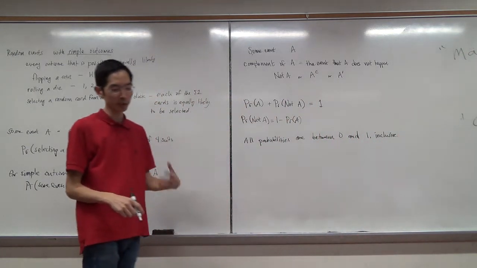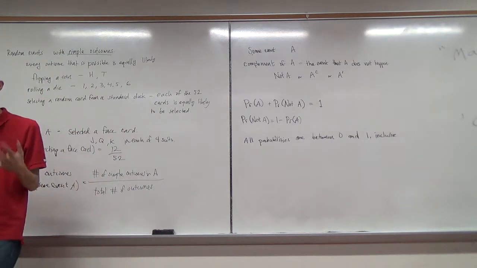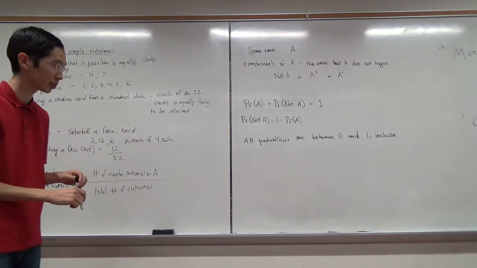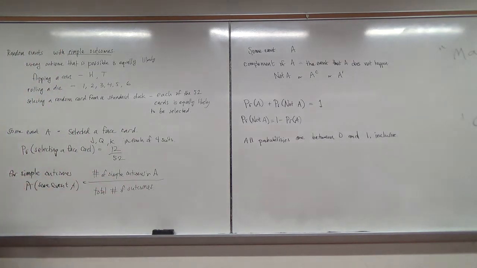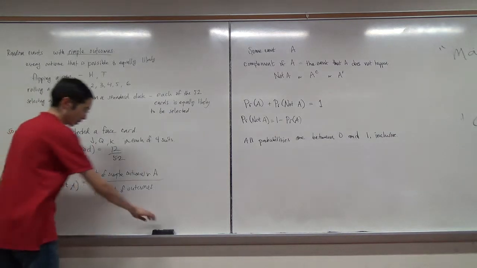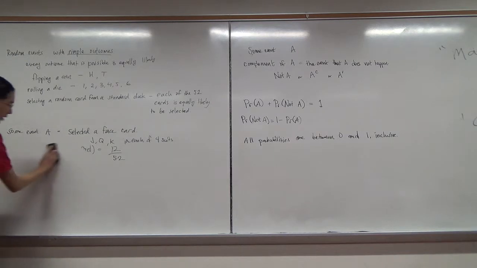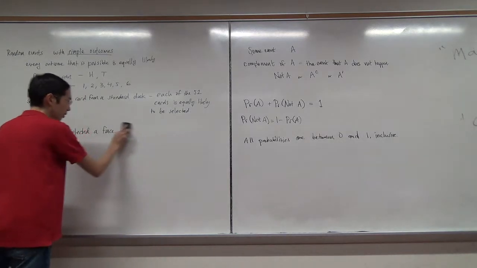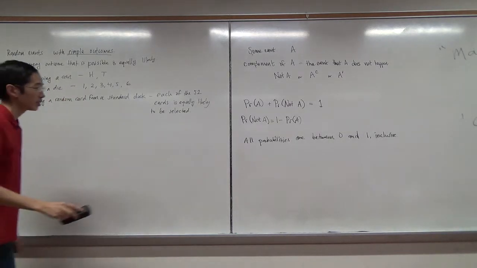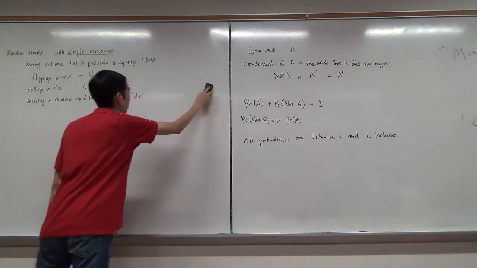If it's 1, it means it always happens. If it's 0, it never happens or is impossible. And everything else is in between. Okay? So if in your calculations you ever get a probability that's less than 0 or a probability that's greater than 1, you have made a mistake.